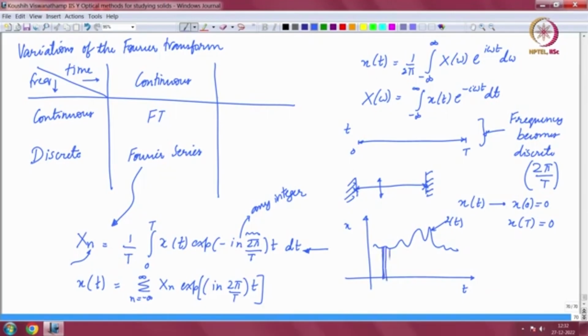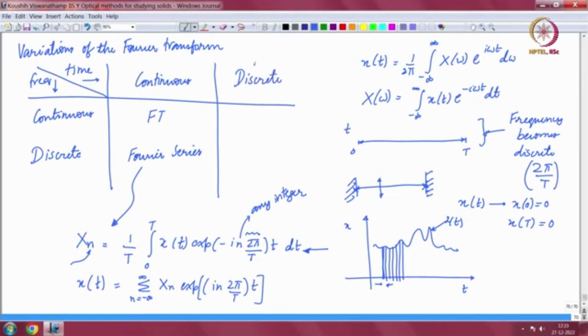Whatever device you are using for recording is actually measuring at some intervals, and so you really do not have a completely continuous signal, but you have a discrete set of points that represent this signal. So now we have to talk also about the situation where time is discrete.